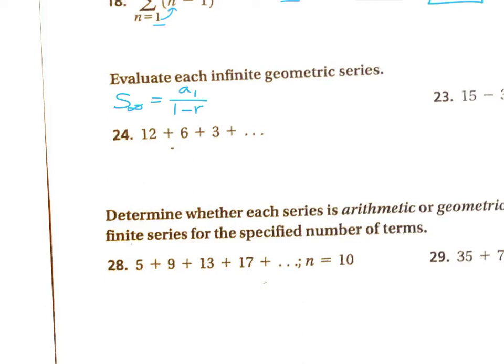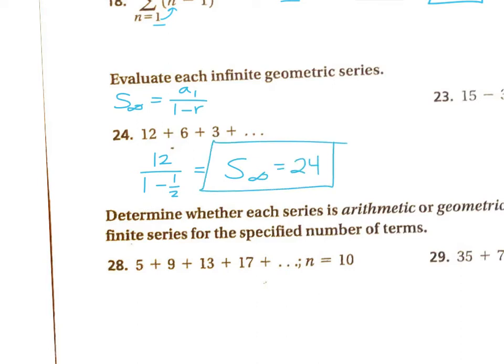So if you look at this, a sub 1 is 12, and then it's 1 minus, and our common ratio here is you are multiplying by a half each time to get the next term. So it looks like this. So it's 12 divided by 1/2, essentially. So the sum to infinity would be 24.